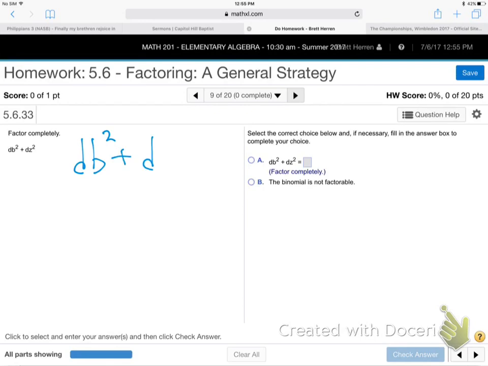dB squared plus dz squared. Try that one. That'd be a quick one. I want to make sure you know what's going on with that one.